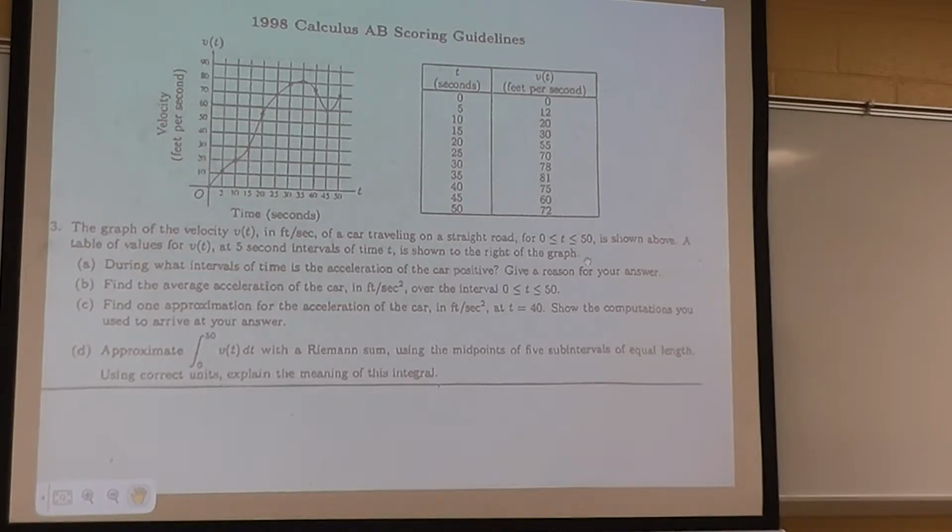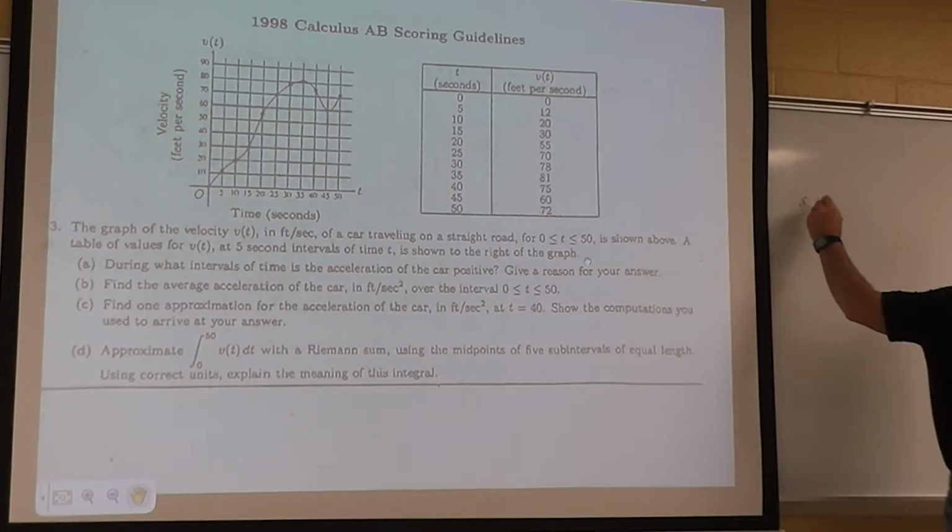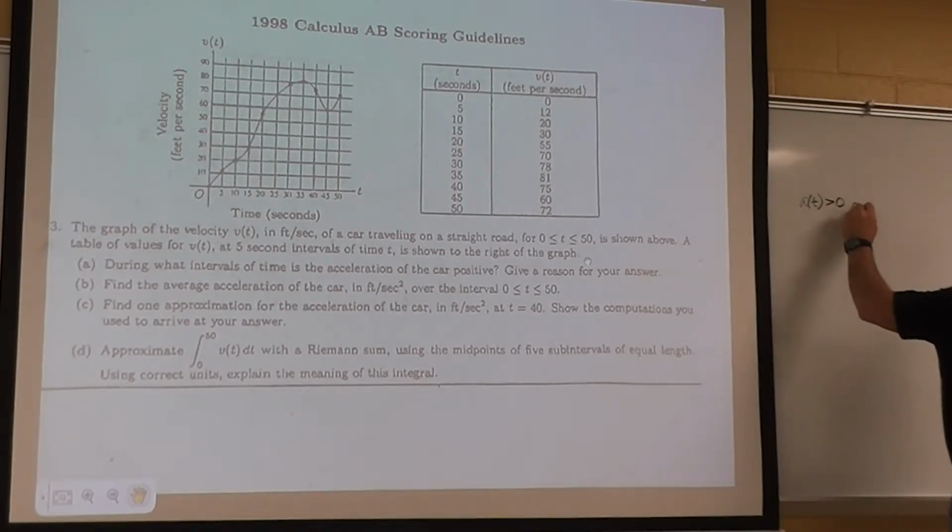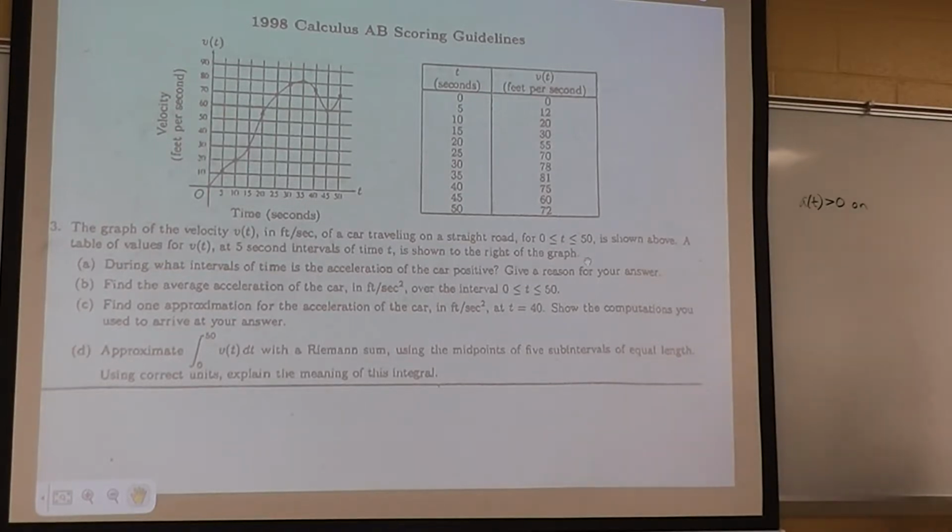And let's see, how would we put that answer? During what values or intervals of time is the acceleration of the car positive? So we can say acceleration is positive on the intervals 0 to 35. I agree.